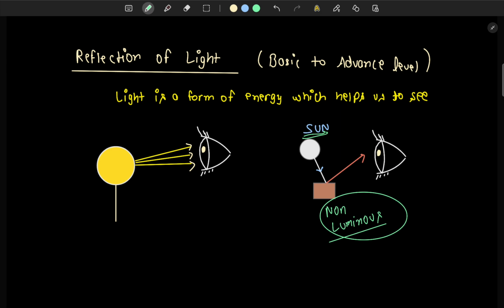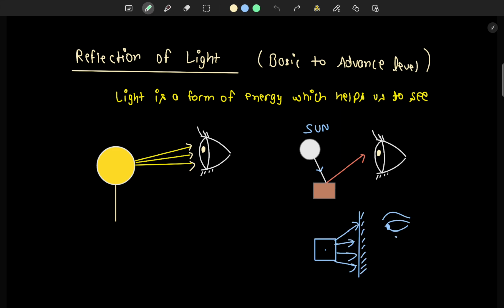Okay, now let's consider a third situation. Suppose this box is here, and suppose this is a luminous object. So it has its own light rays, but still we are not able to see it because there is a wall between the person and this object.